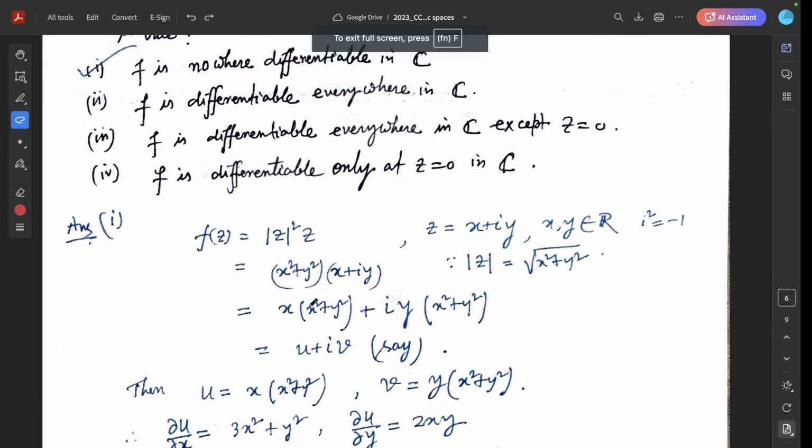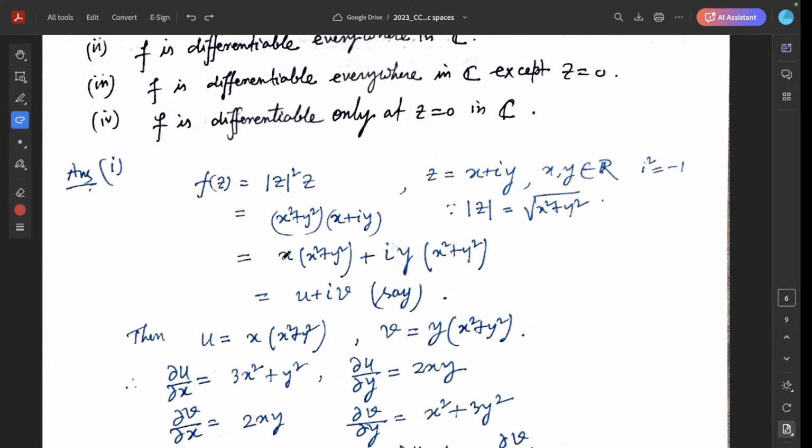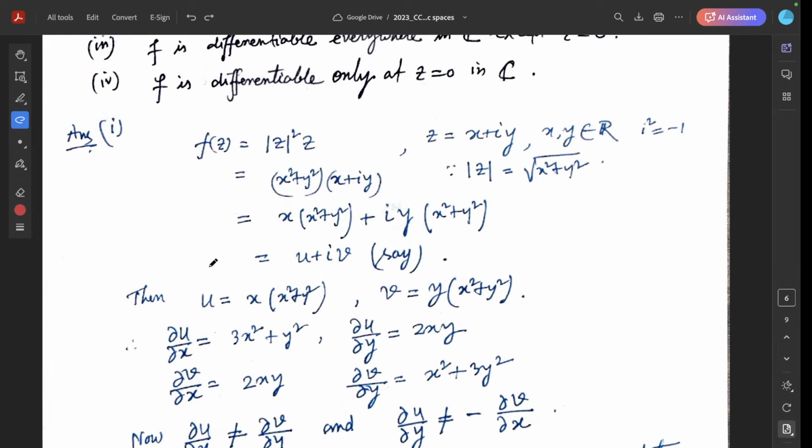Now f of z equal to mod z square into z. So this is x square plus y square into x plus iy. So this is x into x square plus y square plus iy into x square plus y square. So u plus iv, so obviously u equal to x into x square plus y square, and v equal to y into x square plus y square.